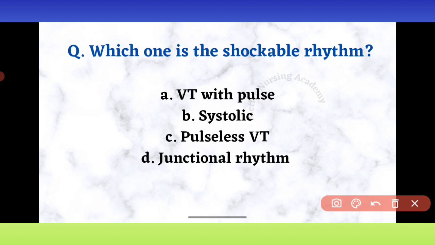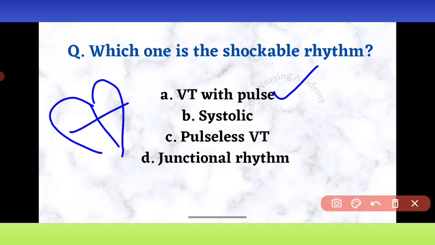Let's see. What is VT with pulse? Here ventricular tachycardia is taking place, and the pulse is also present. You can see this is the heart, and the ventricles are pumping very fast, and obviously filling of blood is present.